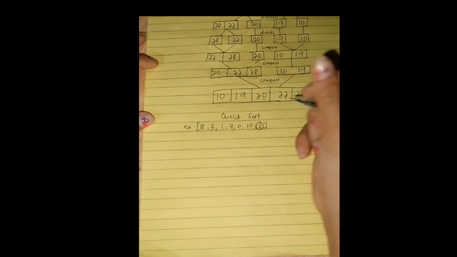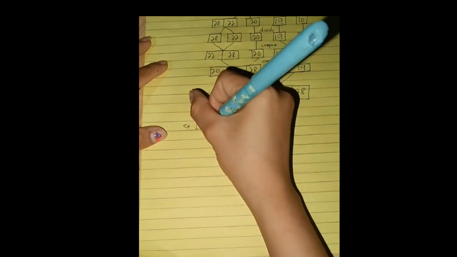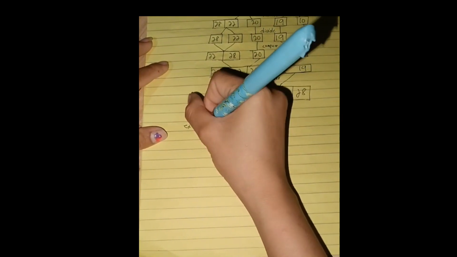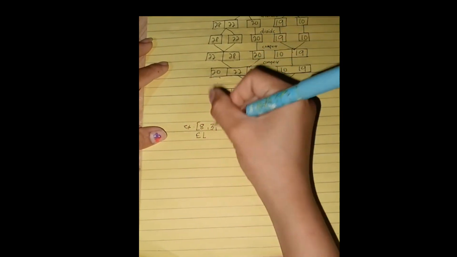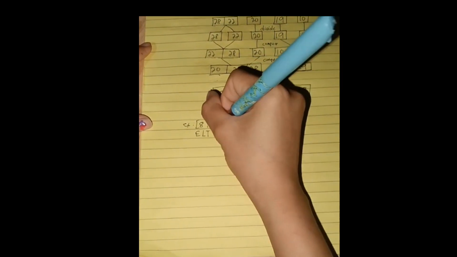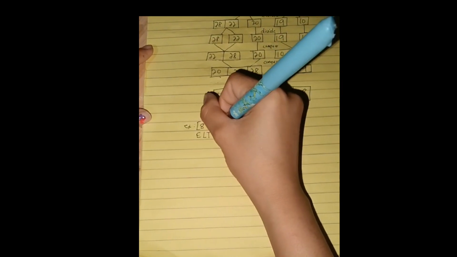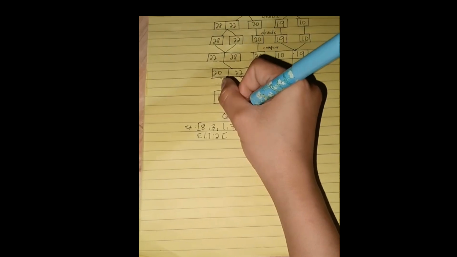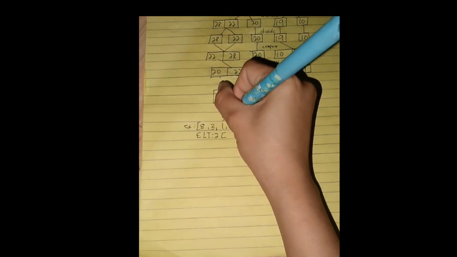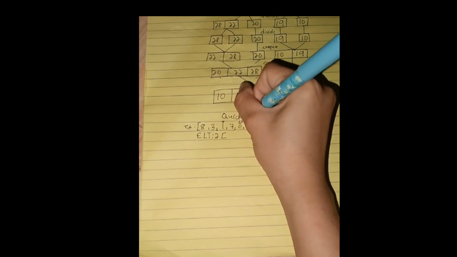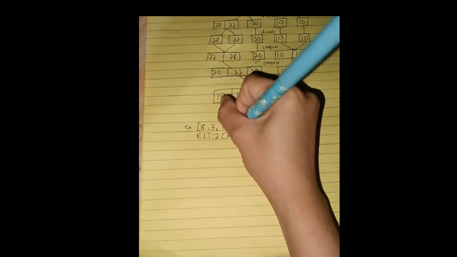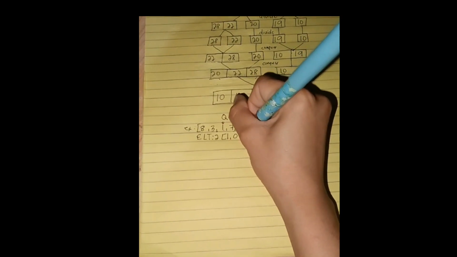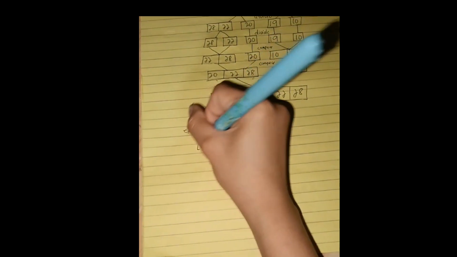Dahil siya ang ating pivot, hahanapin natin yung element na less than sa 2. Ang element na less than kay 2 ay 1 at 0.